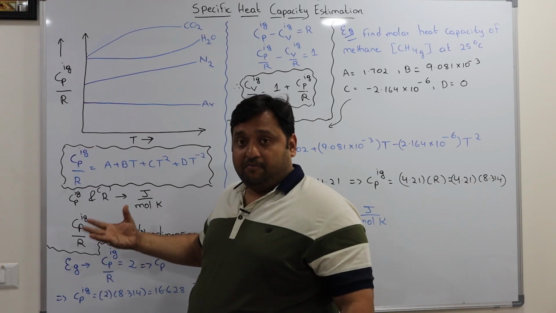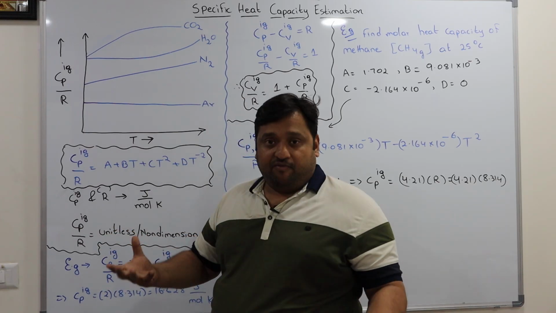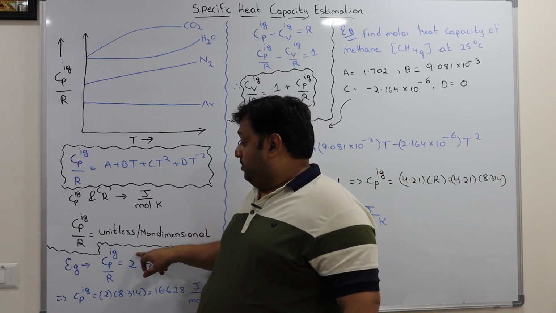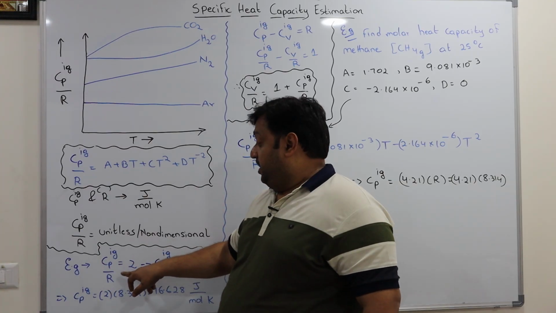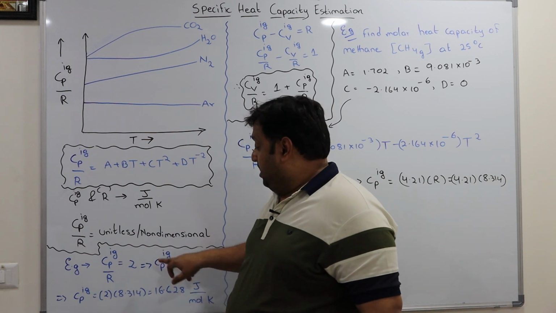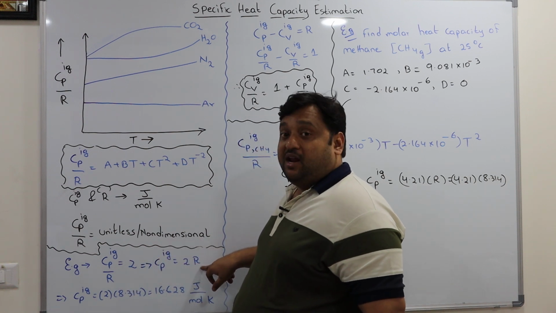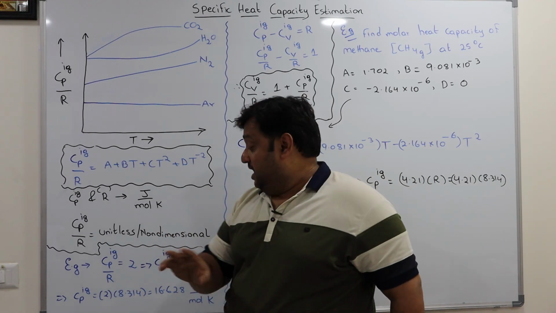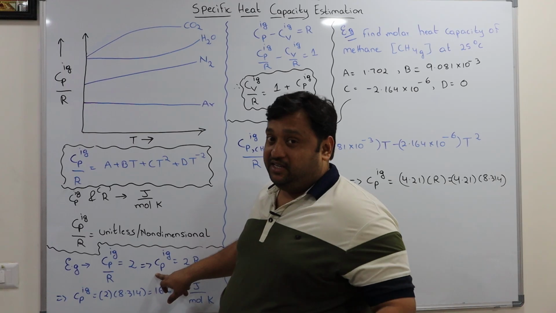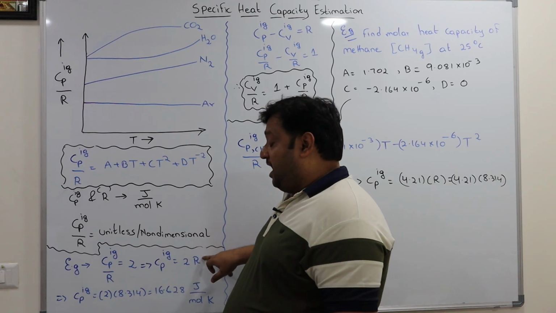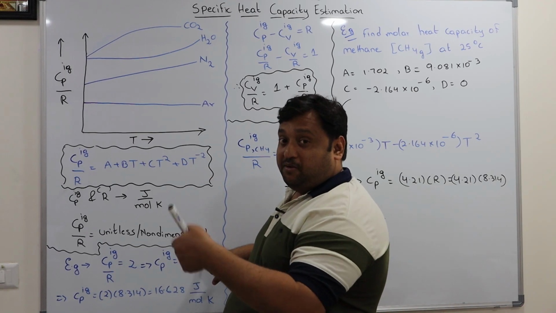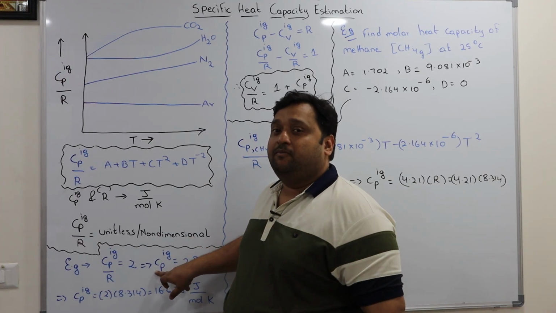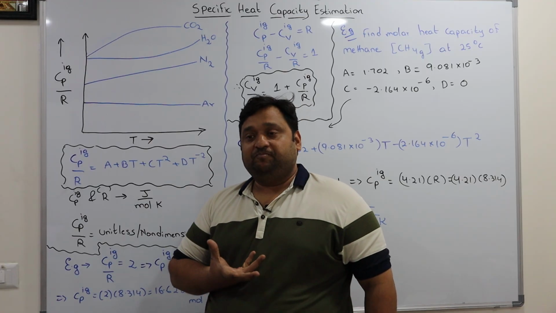For example, you have somehow found the CPIG by R value is 2. Then what is the value of CPIG? 2 times R. If you take the R value in joule per mole Kelvin, then you get the value of CPIG in joule per mole Kelvin. If you take the R value in liter atmosphere per mole Kelvin, you get the value of CPIG in liter atmosphere per mole Kelvin. That is the advantage.